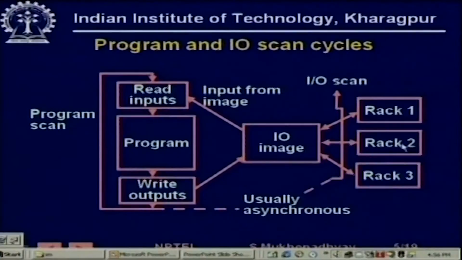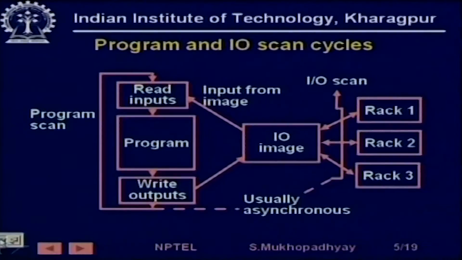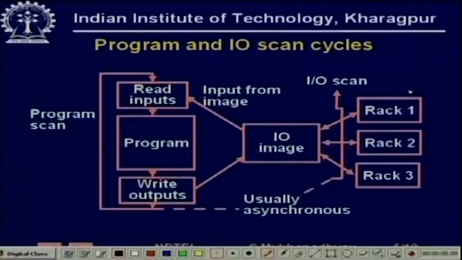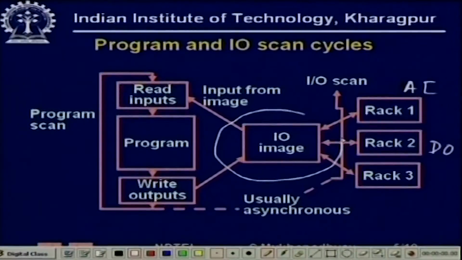So you see these are the various racks. These are the IO racks. This could be an analog input. Similarly, this could be a digital output, various kinds of things. So there is a scanning mechanism which goes on, which continuously updates, either reads from the racks if it is an input rack, or writes to a rack from a part of the memory. This memory can be at the scanner, at the cards, at various places.